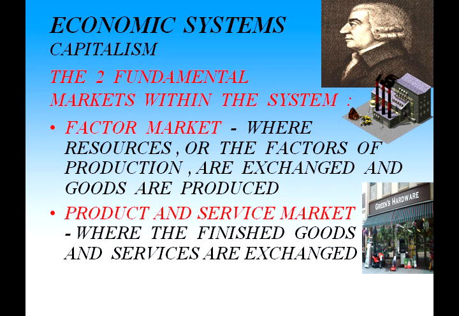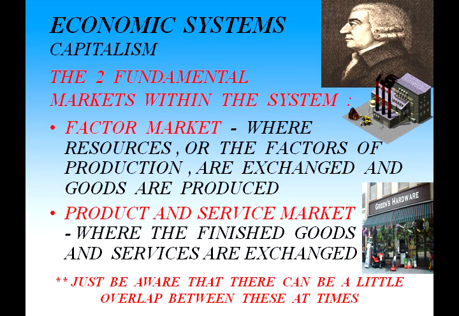The other fundamental market is called the product and service market. And this is where the finished goods and services are exchanged in the society. Now, the primary participant here is the households in consuming the finished goods and services. But there are businesses that also participate in the product and service market.